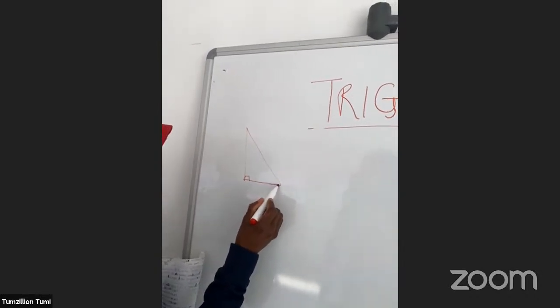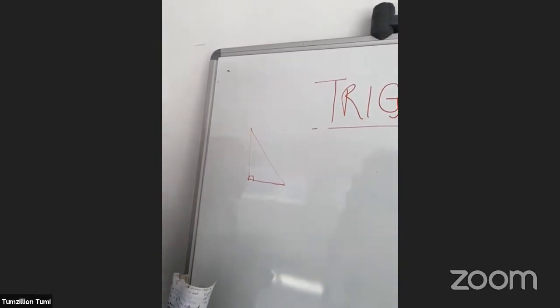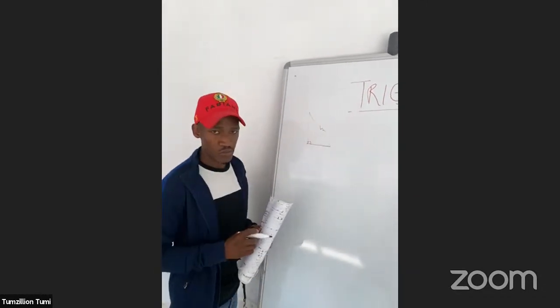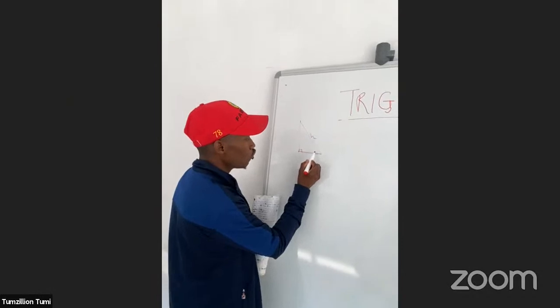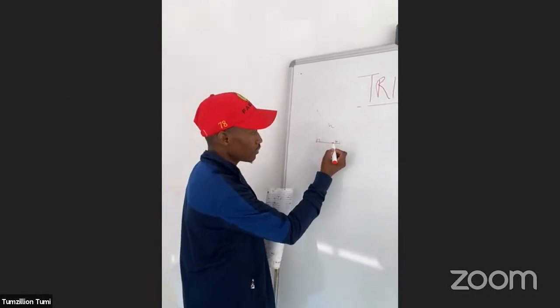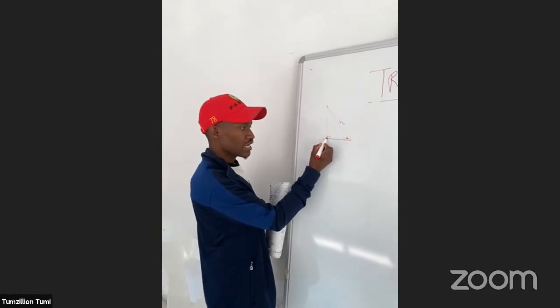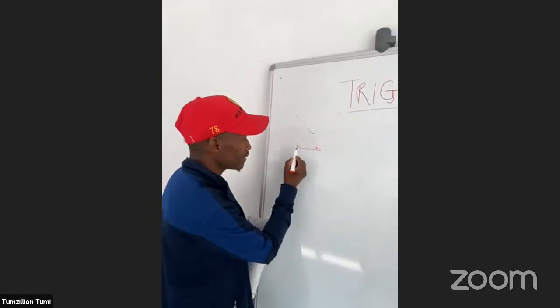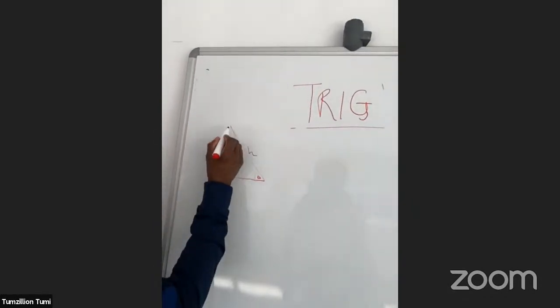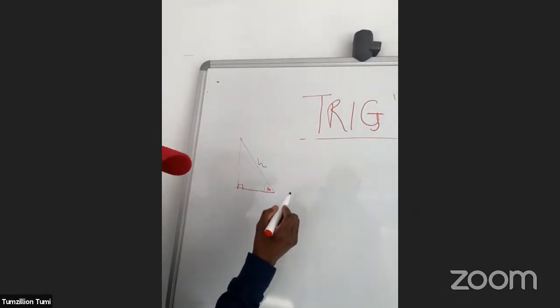The horizontal side is normally the width, and this is normally our hypotenuse. You remember that? Okay. So if we call this angle here theta, we know that in a right angle triangle, this angle is a 90-degree angle. That means that the vertical side meets with the horizontal side.